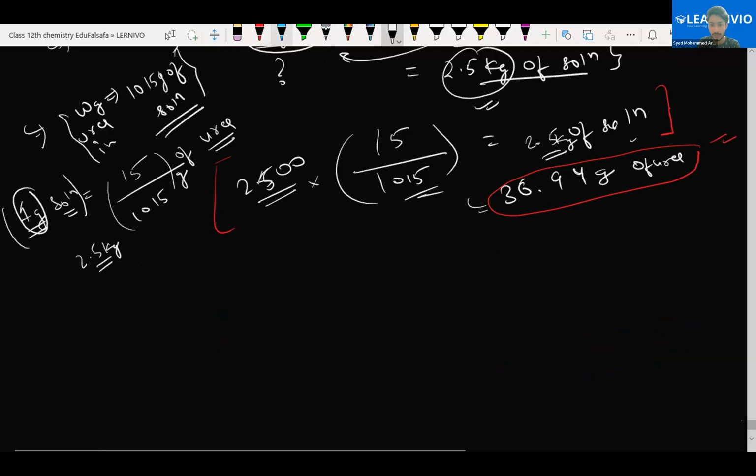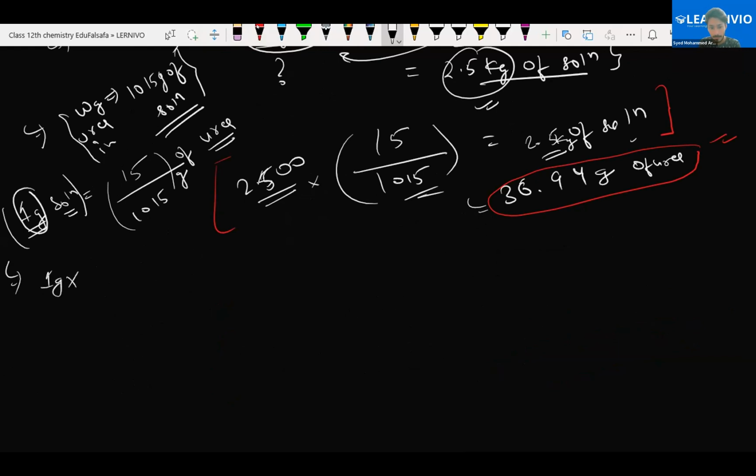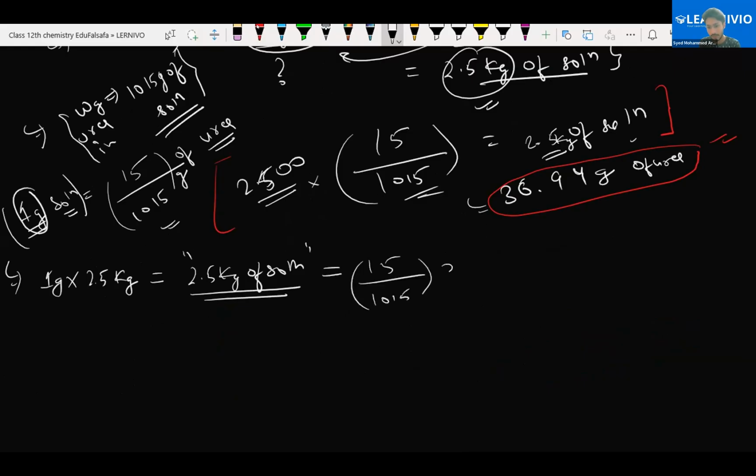And in mathematics, why do we use the equals sign? Because at the LHS and at the RHS, both expressions should be equal, right? So 1 gram multiplied by 2.5 kg equals what? 2.5 kg of solution. So this is what the question asks you to find. And at the RHS side, the same thing happens: 1015 multiplied by 2500.